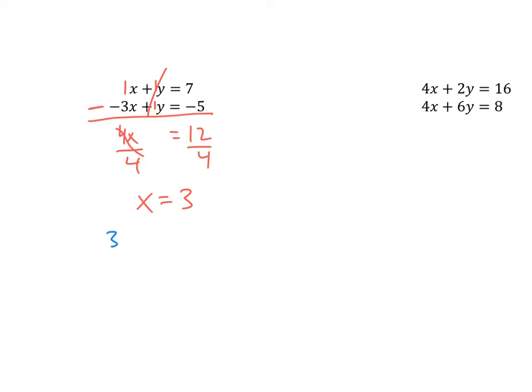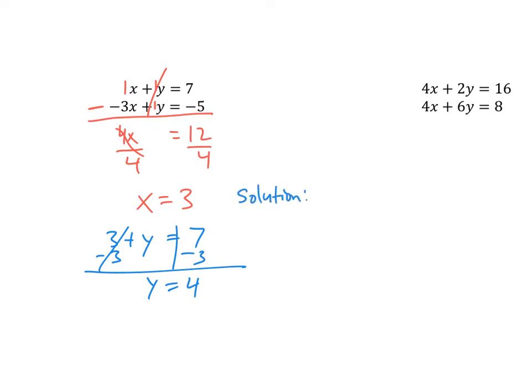So then we'll have 3 plus y equals 7. And then we have y left over, so we'll subtract 3 on both sides. So y equals 7 minus 3, which is 4. So our solution here is going to be the point (3, 4).